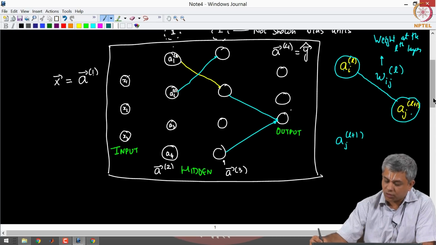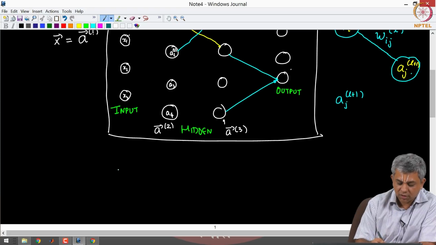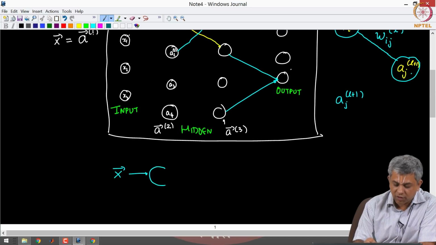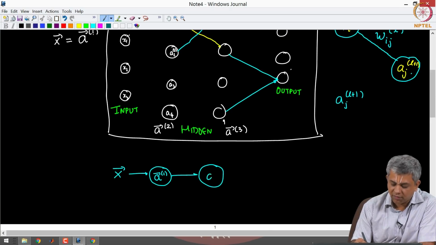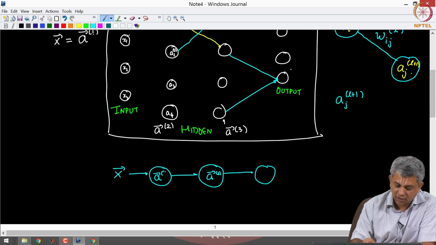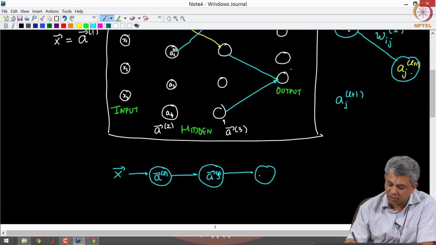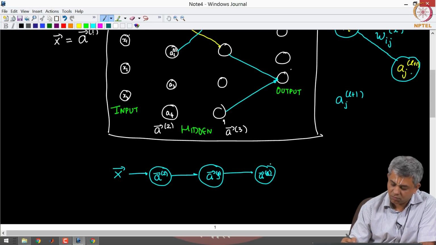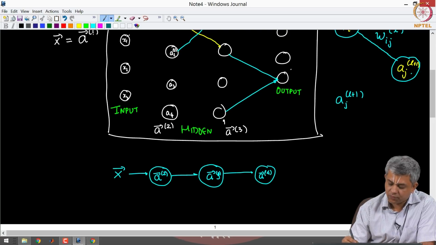Okay. All this is so that I can kind of abstract this out and show this as x vector, which somehow gives me A vector at level 1, which somehow gives me A vector at level 2, sorry, based on our notation I should call this A vector at level 2, A vector at level 3, gives me A vector at level 4, which is the same as y hat.